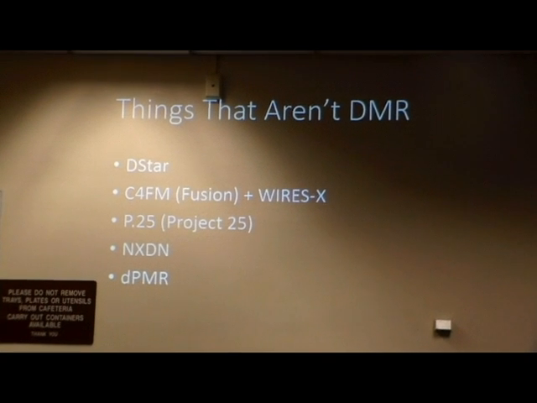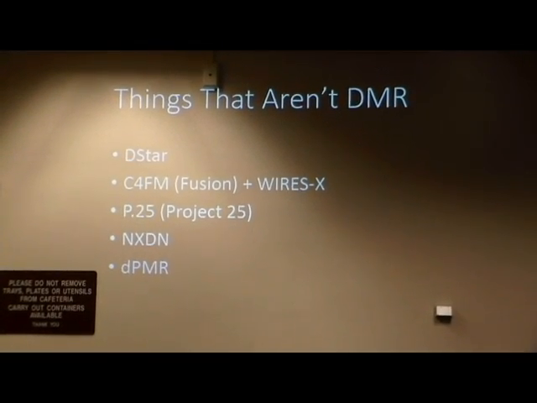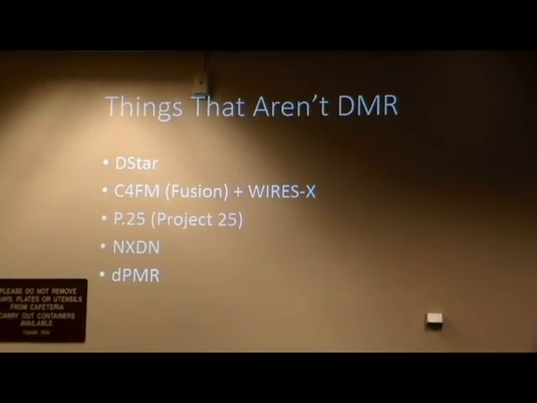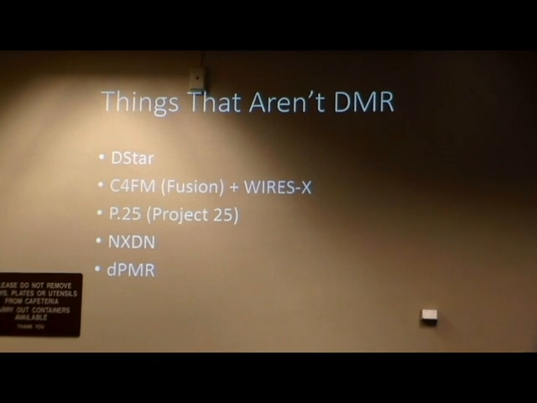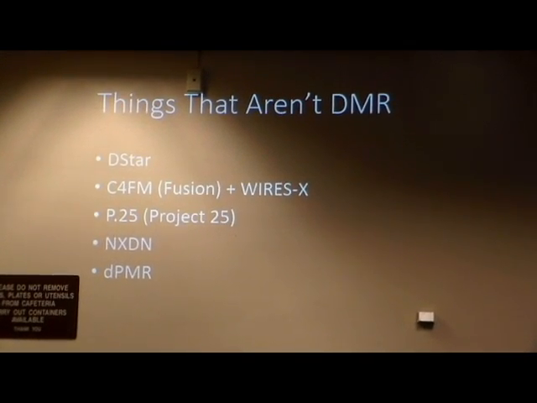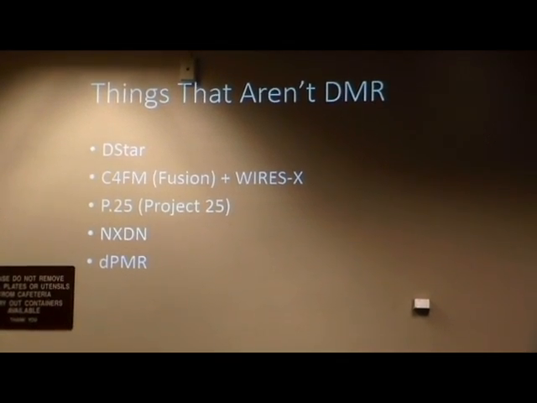So there are a lot of digital standards out there, right? DMR is just one of them, and it's a very successful one, seeing a lot of amateur use. But I wanted to talk about the things that aren't DMR, because I'm sure everybody's seen at least a couple of these. Every one of these is totally incompatible with DMR for one reason or another.